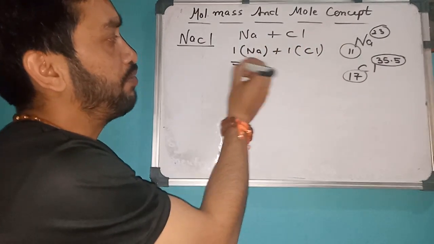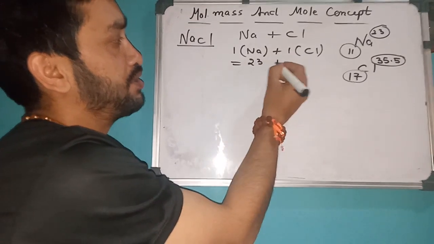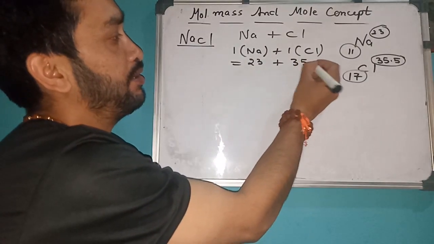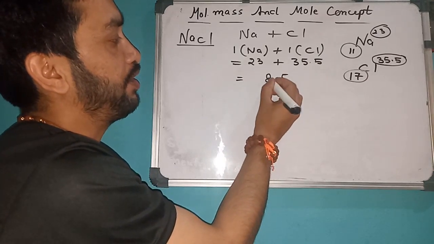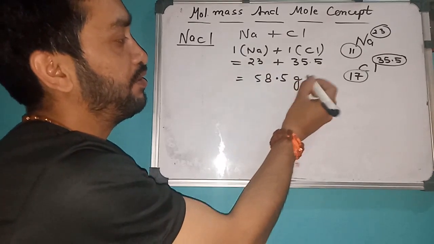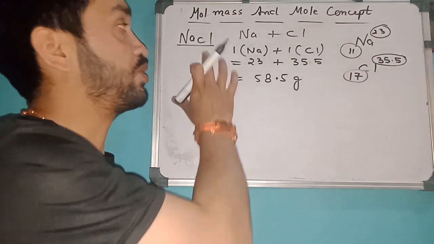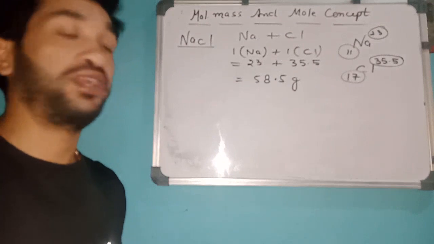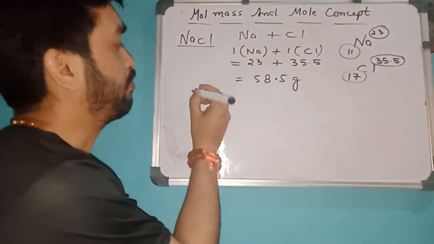The mass of a single Na is 23 plus that of Cl is 35.5. Now add these numbers, it will be 58.5 gram. It means that the molecular mass of sodium chloride is 58.5.